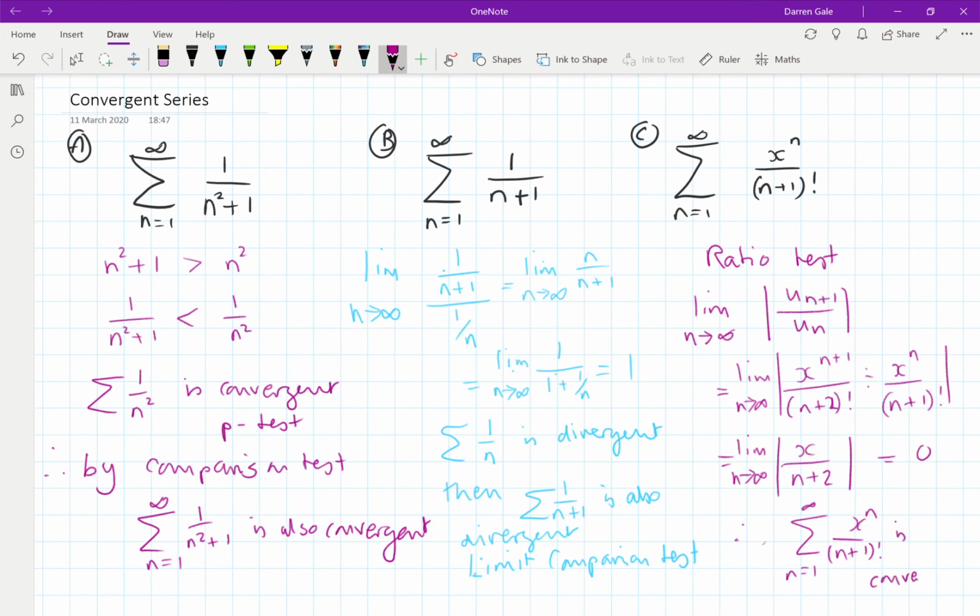How do we know that? Because as long as this limit is less than 1, this is like a geometric progression where the common ratio is less than 1. That has a sum to infinity, and that is convergent. So this is also convergent. I hope that helps.